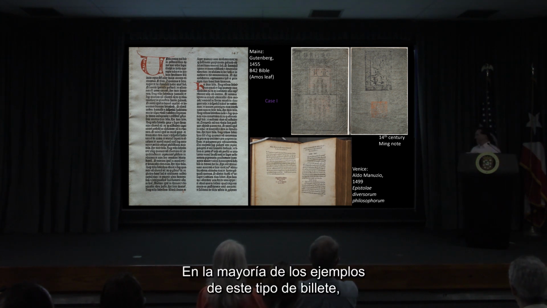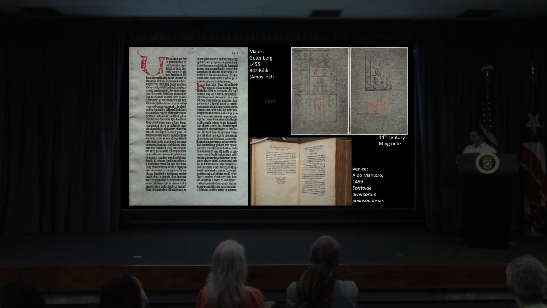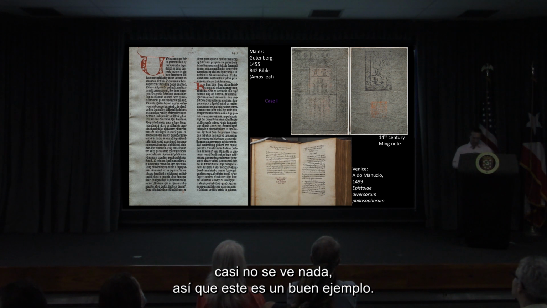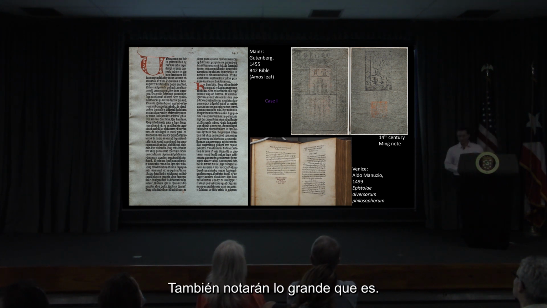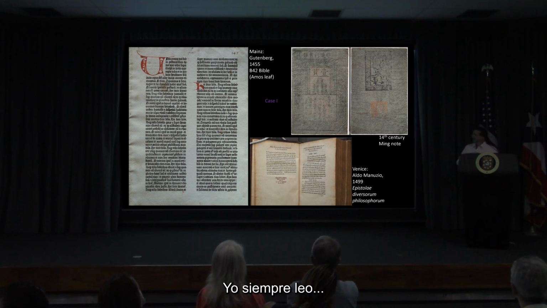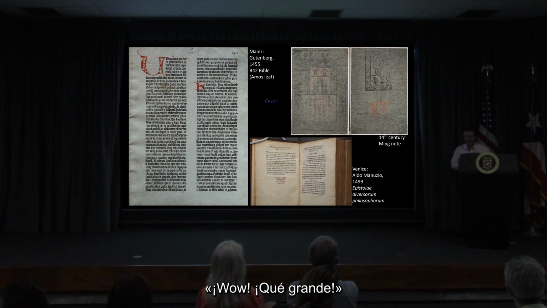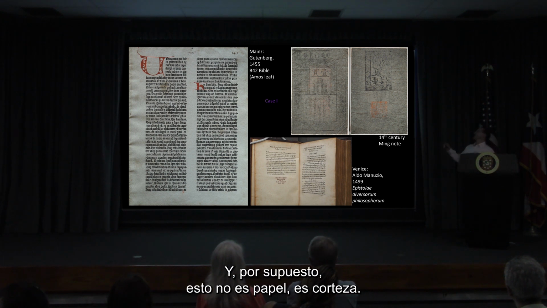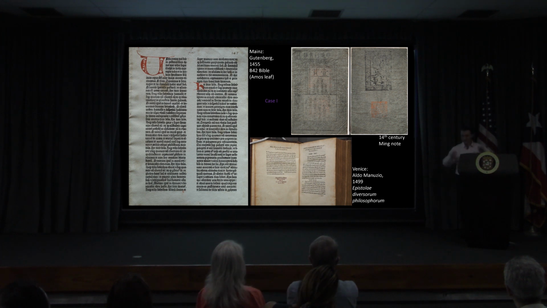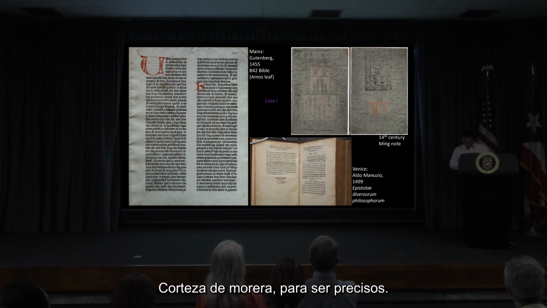In most examples of this kind of note, you can hardly see anything. So this is a good example, and you'll see how big it is also. I always read the dimension, but then when you come to it, wow, this is big. And of course, this is not paper, this is bark, mulberry bark to be precise.